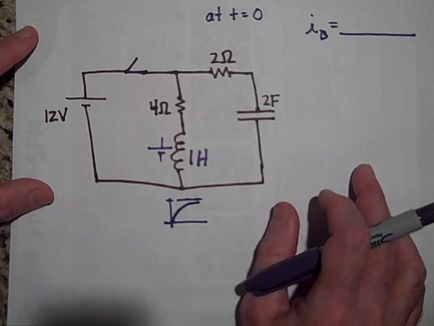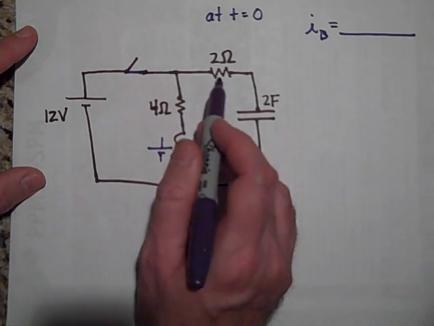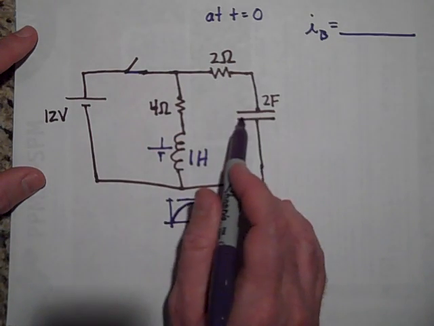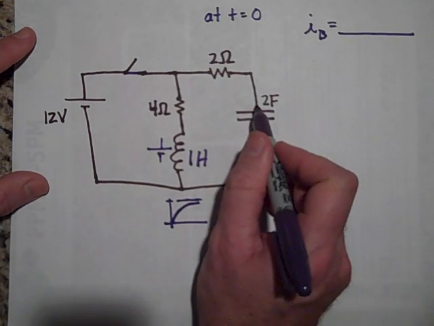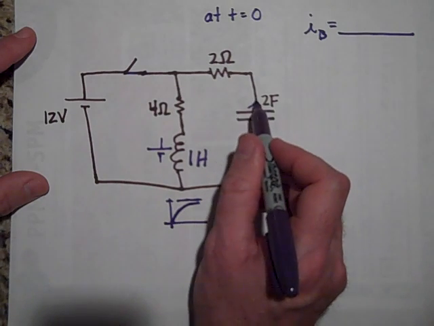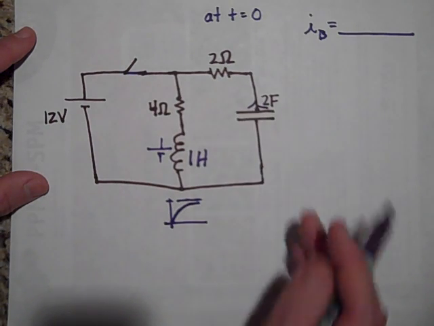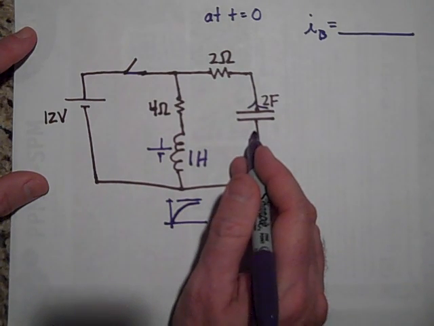Let me explain why this acts like a wire. At t equals 0, charges don't go across the capacitor, but they do go onto the plate, and when it's not charged, it's very easy for those charges to file in and set up on the capacitor. It's just like a wire at that point.